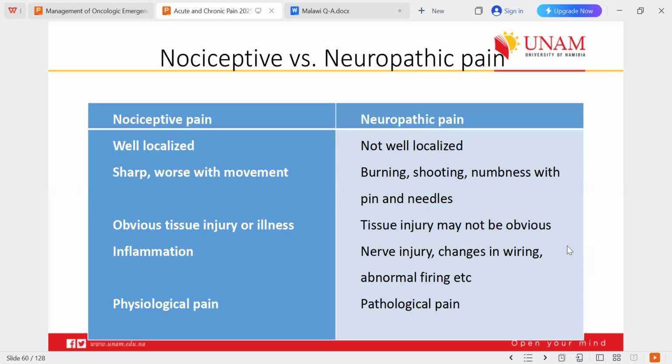So nociceptive pain and neuropathic pain. Nociceptive pain is well localized, while neuropathic pain is not well localized. Nociceptive pain is sharp and is worse with movement. And those of you who are interested in doing your dissertation project on pain, you need to know the difference between pain at rest and pain on movement, because analgesic requirement differs.